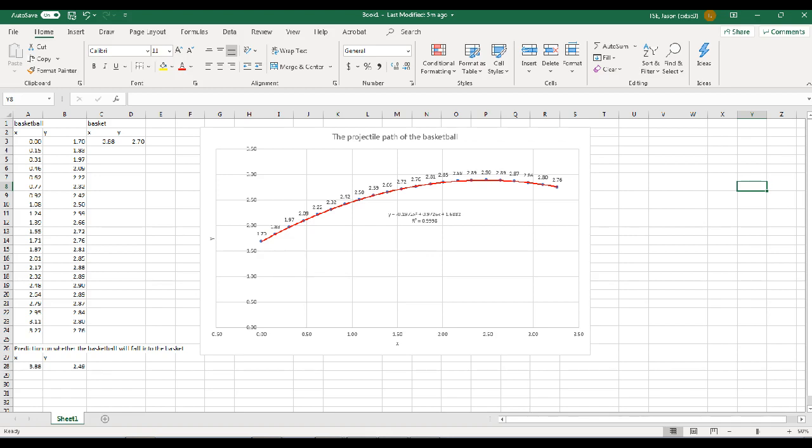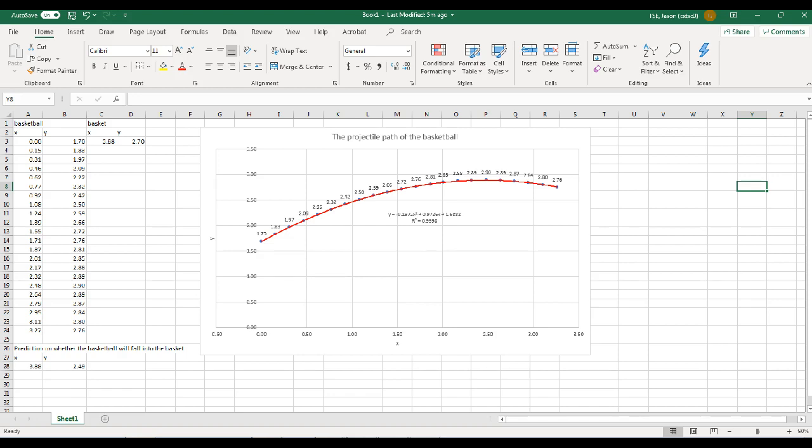In the last video we had a group of data for the basketball, and we plotted the graph in Excel, and Excel gave you the equation and also the R square value. We will see how the same group of data can get the graph in Desmos.